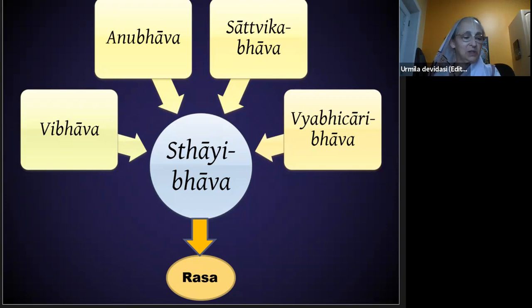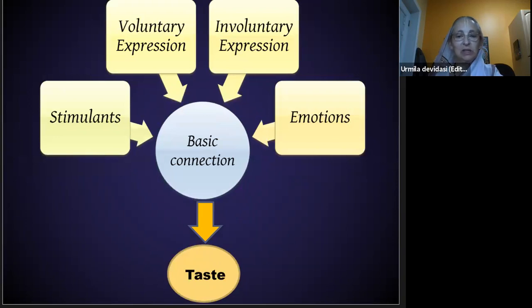So here we've seen some of the interplay of the Vibhava with the Sthayibhava, leading to rasa, how the stimulant of the devotees works to bring us rasa. All right, so please get out your reflection journals, whether you're doing that by hand or on your computer.